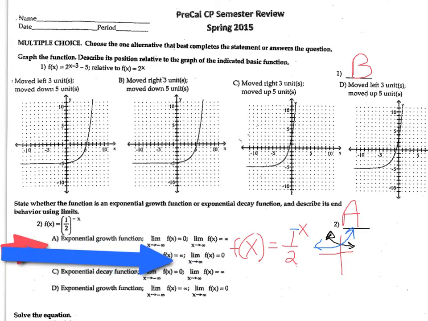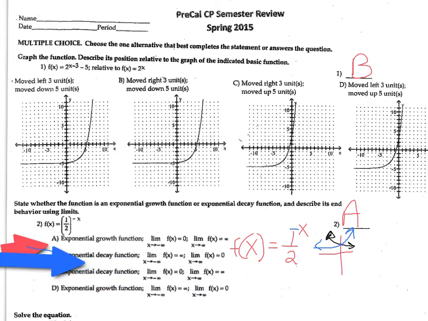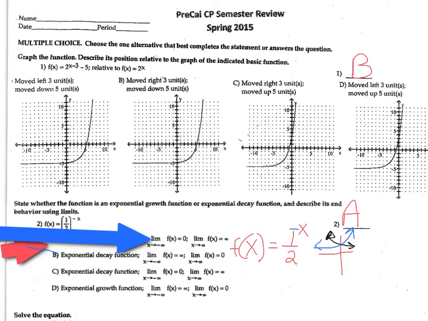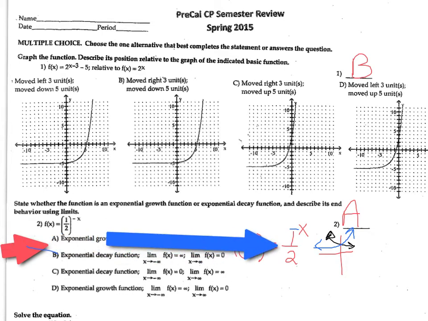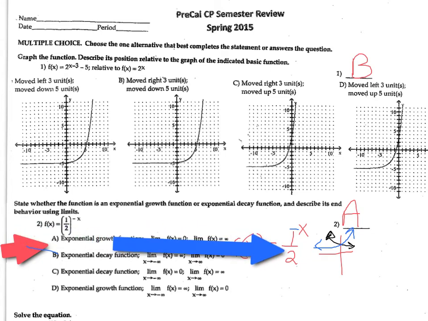Okay, that's a good long one. As you read the function, it says there's an exponential growth, and it's a growth because it's increasing. As you move to negative infinity, negative infinity is coming this way, like that. What happens? Well, the function is going to approach 0, which is the x-axis.